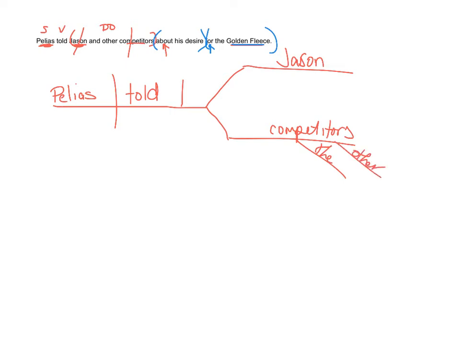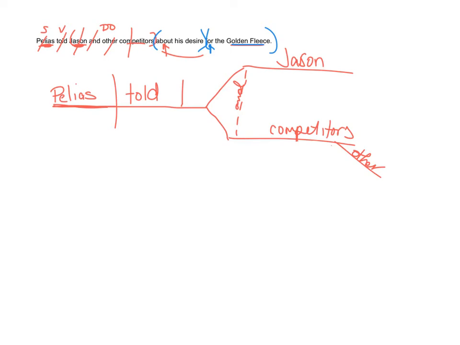Oh, I don't have a the. Erase that. That is why you double check yourself and check off words. I need an and. So let's get an and in there. So Peleus told Jason and other competitors about his desire. Okay. About his desire, does that describe Peleus?